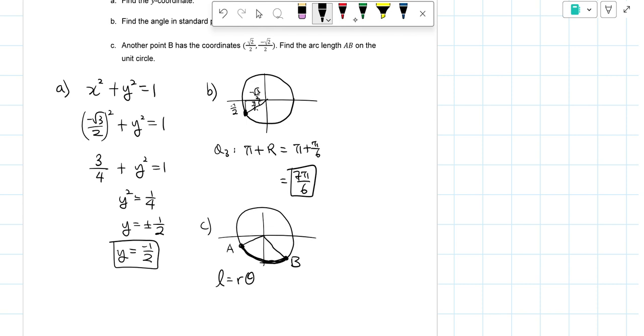Well, I know from the previous question that this reference angle is pi over 6, and I know that this angle has to be a reference angle of pi over 4 as well, which leaves a pretty neat equation.